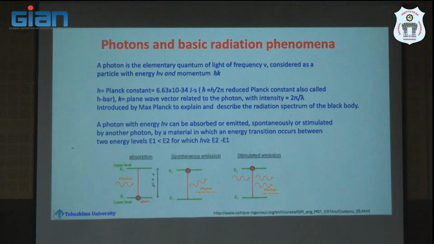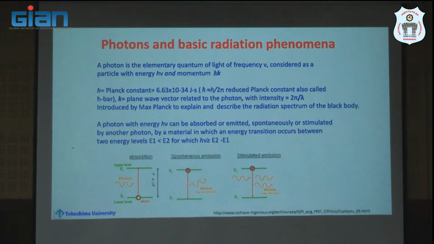So when we talk about light, light is photon, and how does this light react? When I told you that if you make the light incident, the charged particle is excited, the electron goes from the valence band to the conduction band. But when the electron goes from the valence band to the conduction band, what happens?